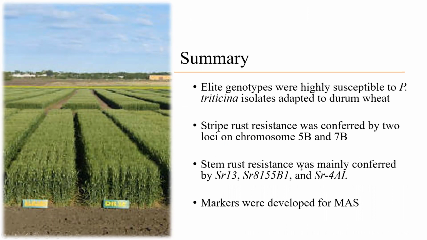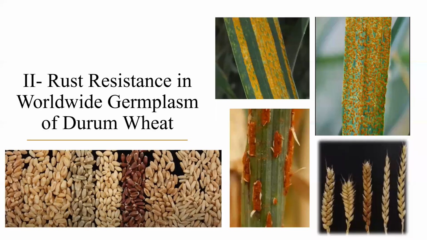For stem rust, we have more than 80% resistance for most of the races, and the resistance was conferred mainly by these 3 genes, and also some novel loci. Markers were developed for marker-assisted selection specifically for these 3 genes, so that we can keep them in future varieties.